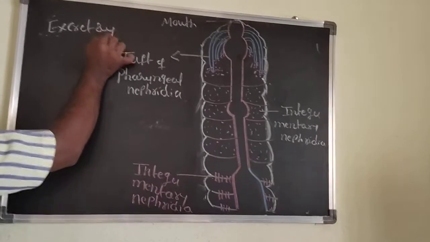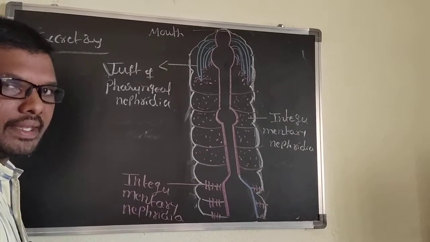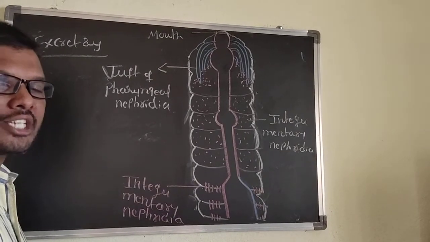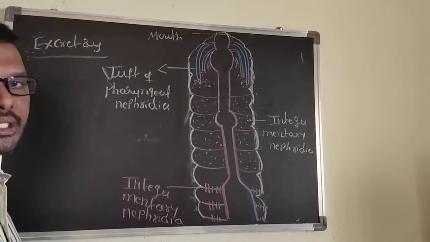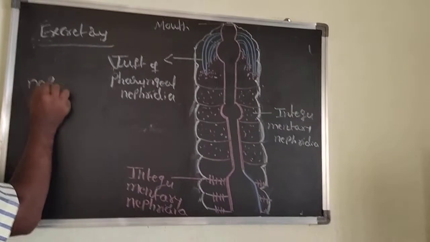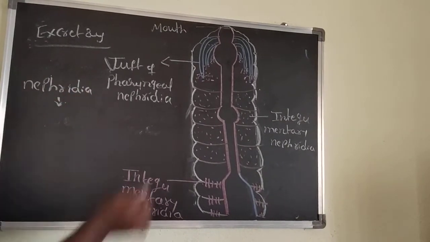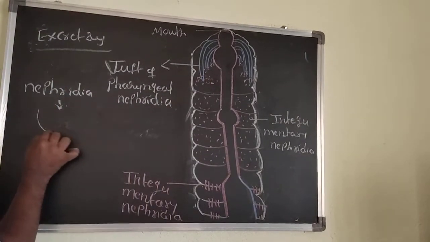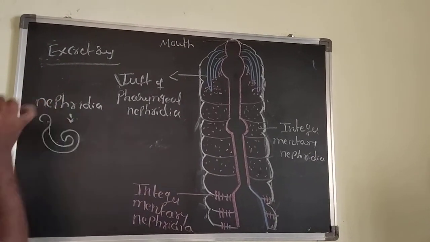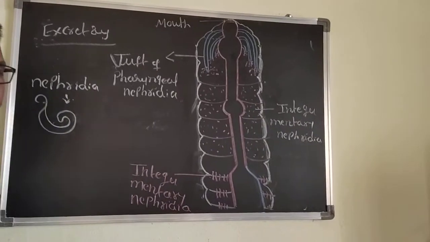Now, very important, we go to the excretory system. In the earthworm, the structural and functional unit of the excretory system is the nephridia, opening by nephridopores. What is nephridia? On the segments, they have a coiled tube-like structure, called nephridia.